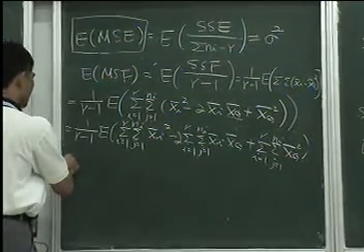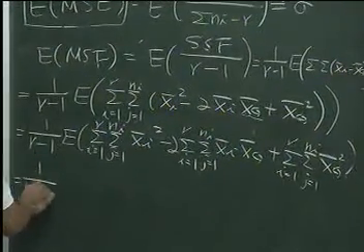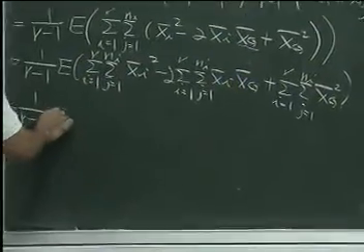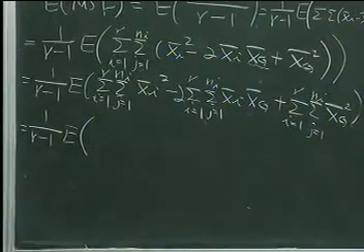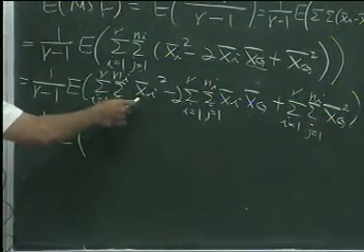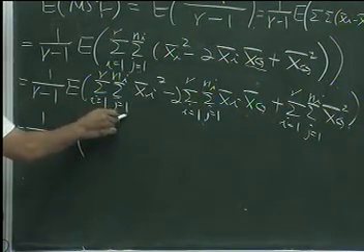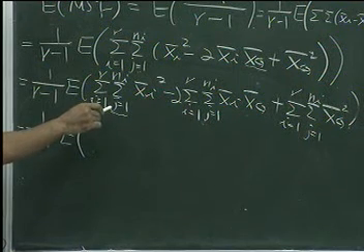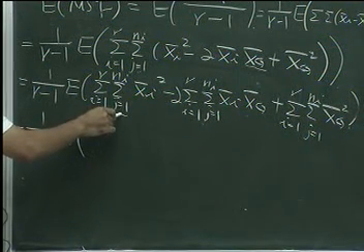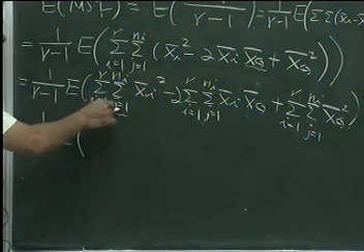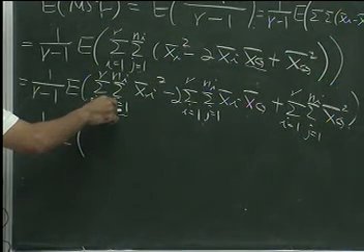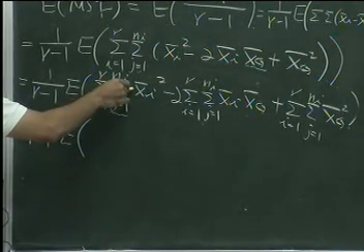Okay, so what do you get here? In this case, because the first step, the first summation, if you want to add, you add from J, right, and 1 to Ni.